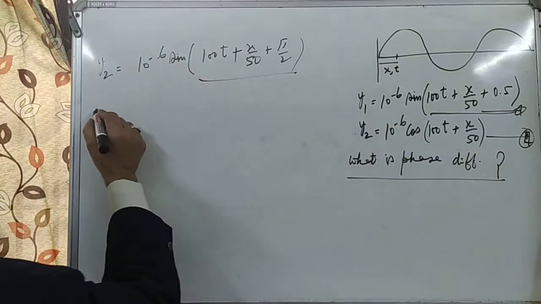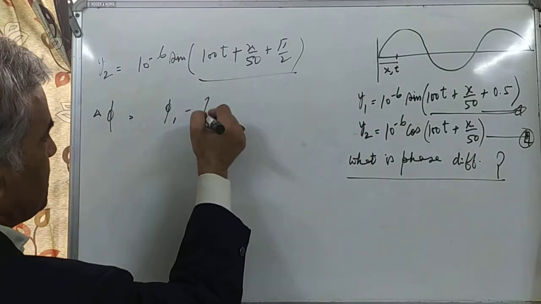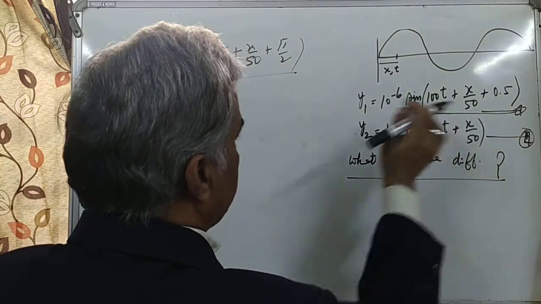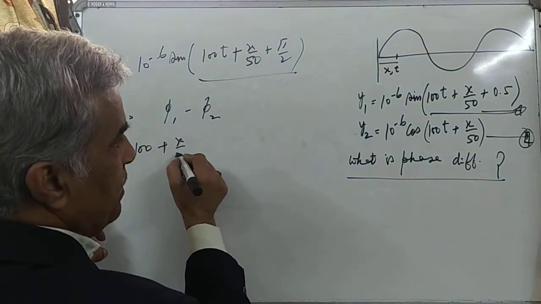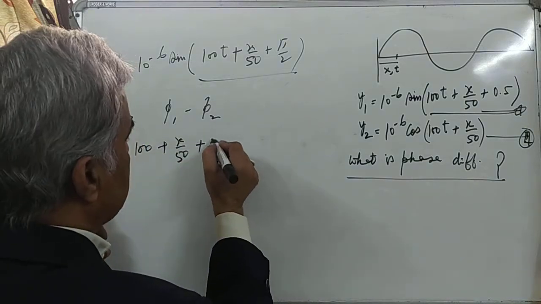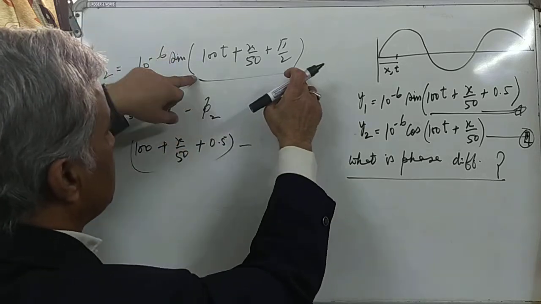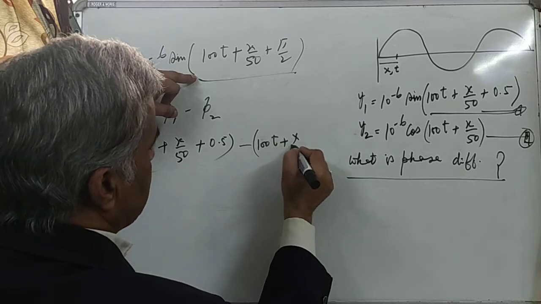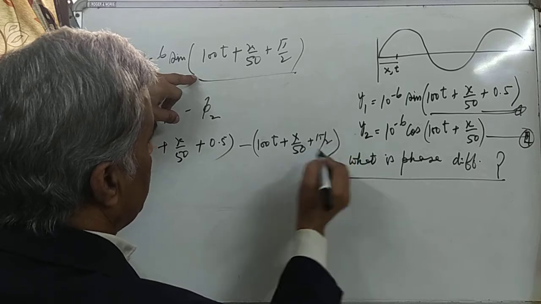So now the phase difference delta phi equals phi 1 minus phi 2. I am taking this as phi 1, 100t plus x/50 plus 0.5, minus phi 2, which is 100t plus x/50 plus pi/2.